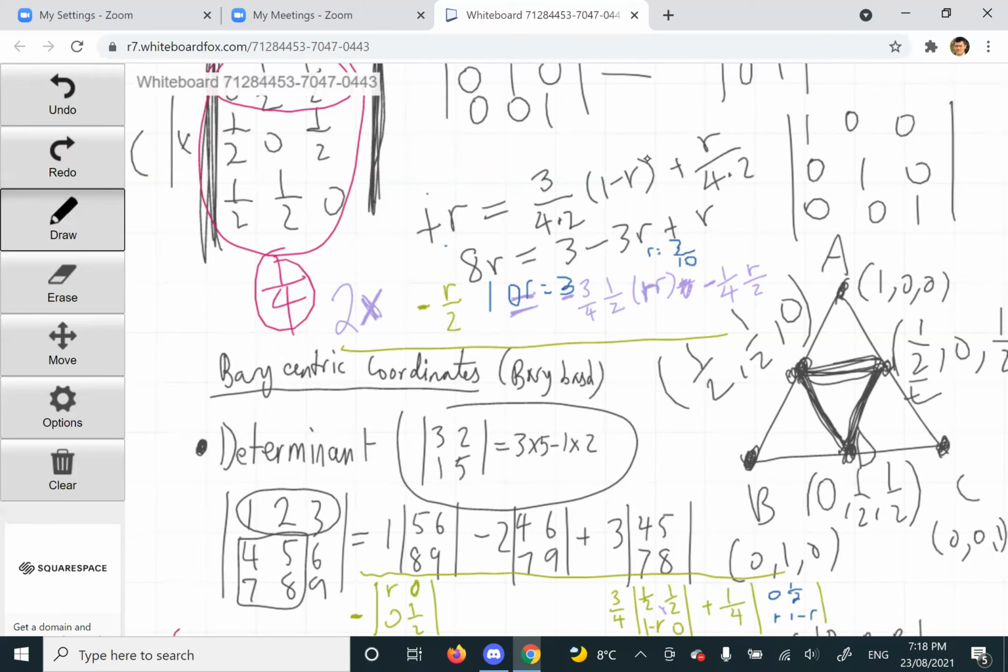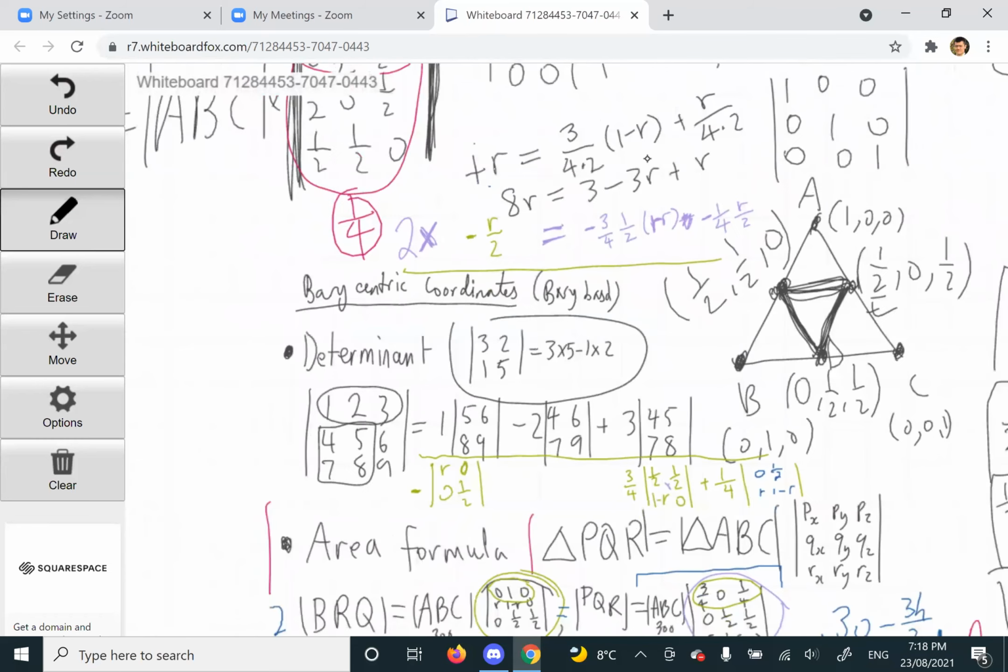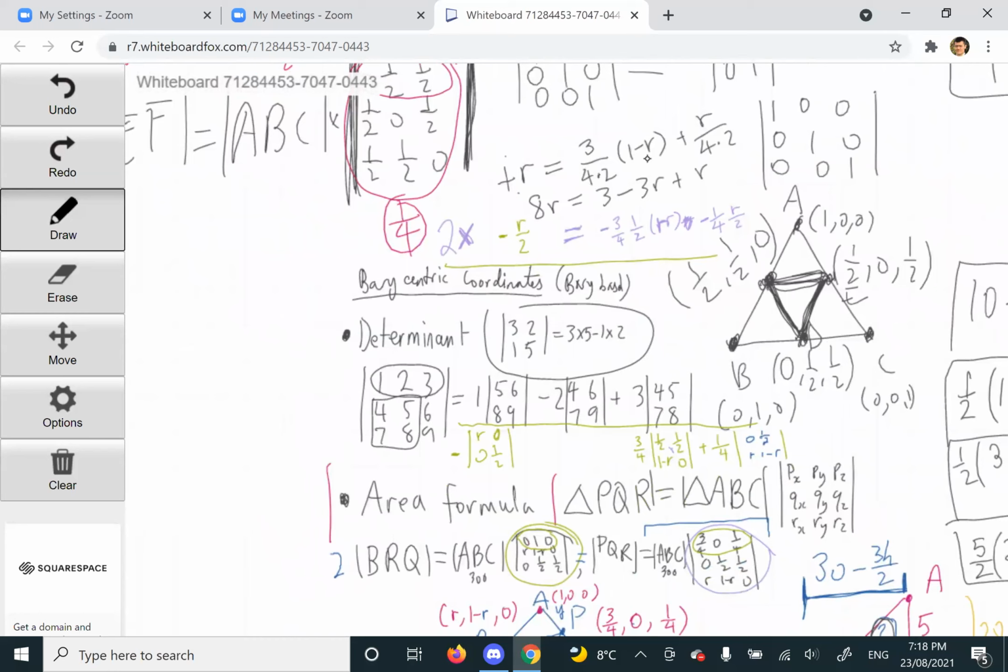Hold on, so now people are writing over the top, so it's hard to read. Did something go wrong?